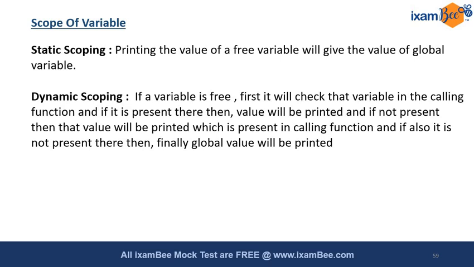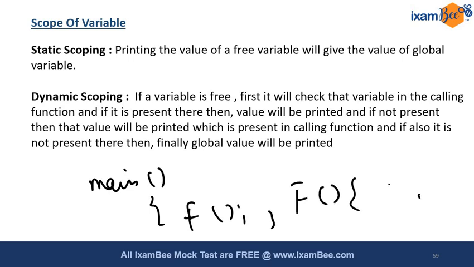Let's say we have main, which is our calling function, and inside this we are calling one function f, and inside f we have some set of variables and we are going to print something. And let's say there is some free variable which is defined outside the scope of the main body. Now if I am calling function f, whenever I am doing the dynamic scope, everything is first checked within the boundary of function f.